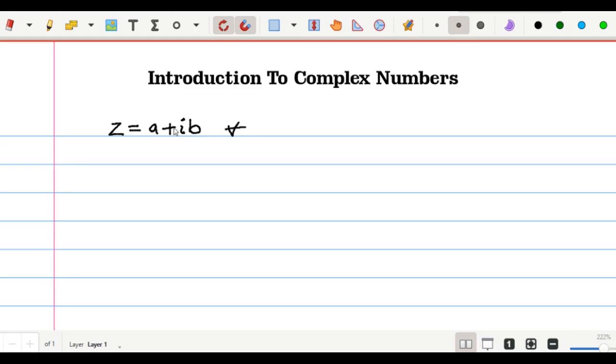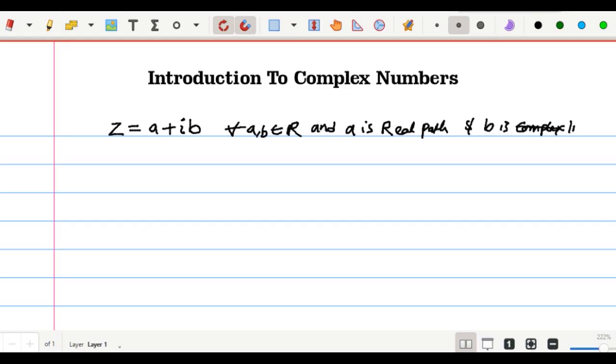In these complex numbers, a and b are elements of real numbers. A and b are real numbers, and a is called the real part, and b is called the complex part or the imaginary part.